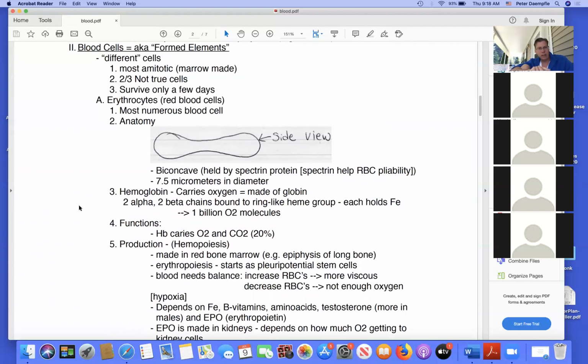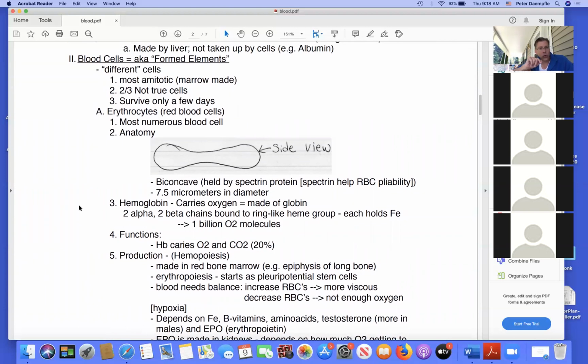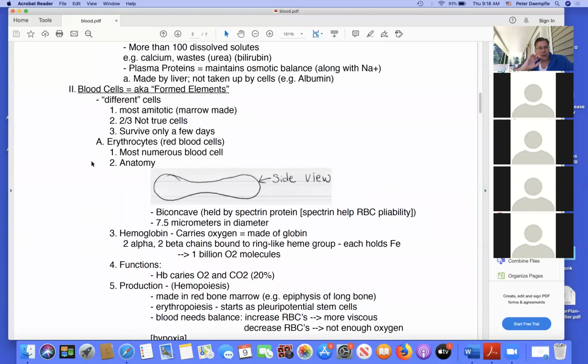Now, let's begin by discussing the general idea behind how red blood cells are not really cells, okay? We would say most of your red blood cells, 2/3 of it, are not true cells. Red blood cells will develop in the bone marrow.